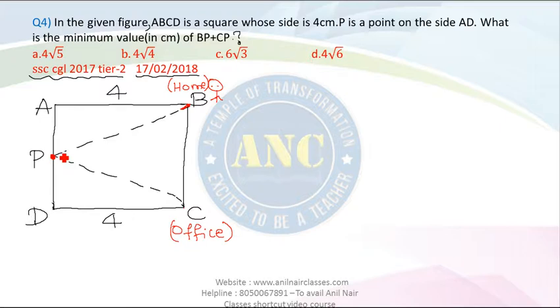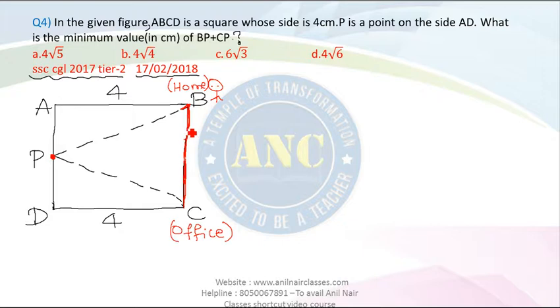If there was no such condition, I could have directly come from B to C along this path, which is nothing but the direct value BC. And BC is anyway given in the question as 4 centimeter.